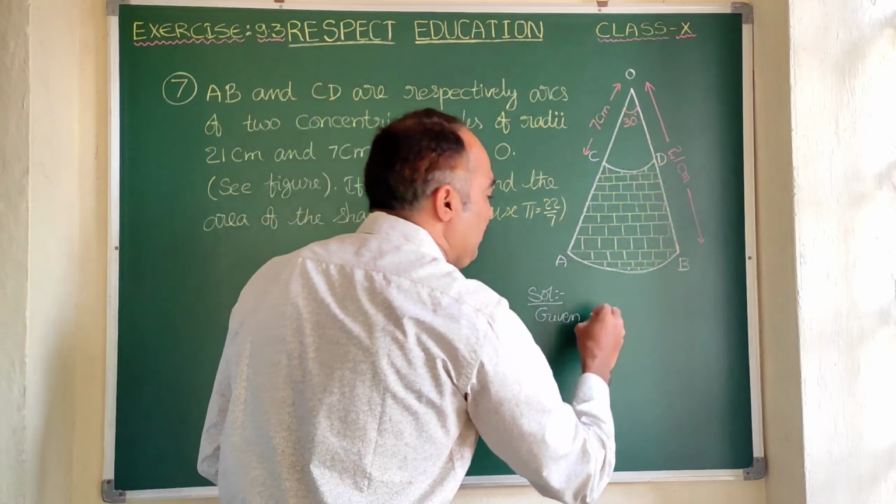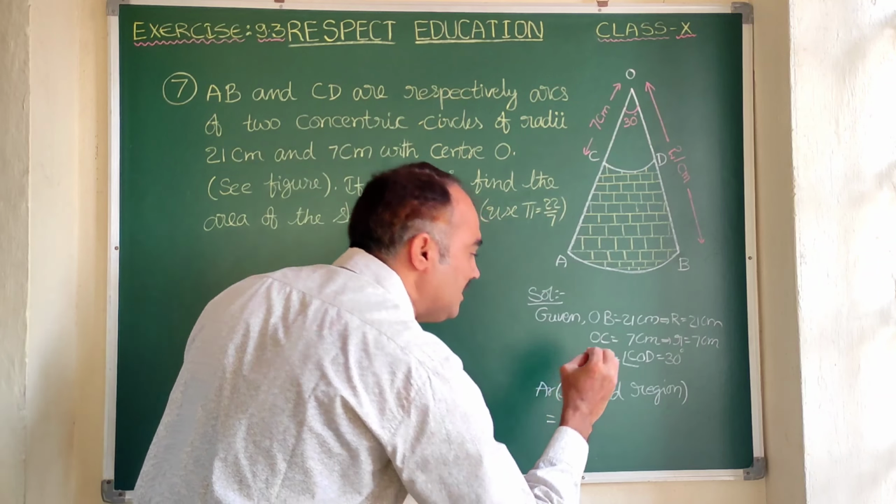So we can write this as capital R radius, capital R equal to 21 centimeter, and we can take small r as 7 centimeter. Also given angle AOB is nothing but angle COD. Angle COD each is 30 degrees. Now we need to find the area of the shaded region.